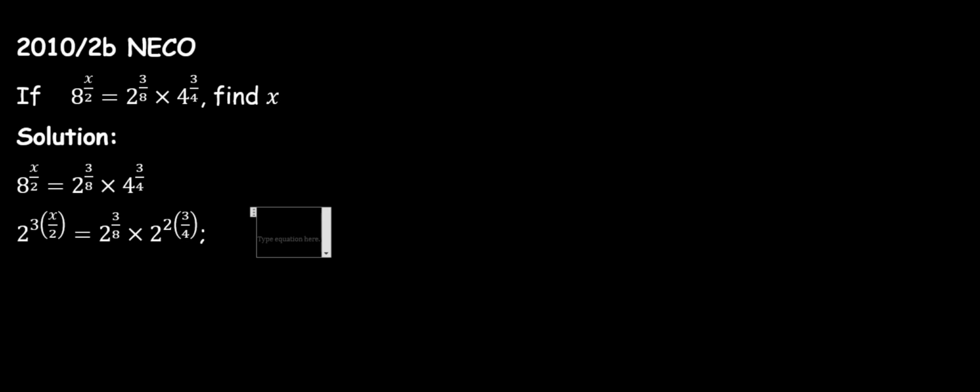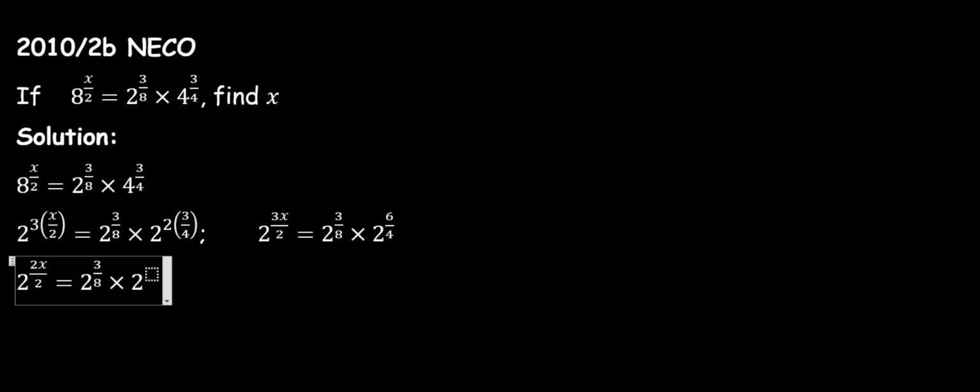2 raised to power 3x over 2 will be equal to 2 raised to power 3 over 8 times 6 over 4. Applying the law of indices to the right-hand side power items, we now have 2 raised to power 3x over 2 equal to 2 raised to power 3 over 8 plus 6 over 4.